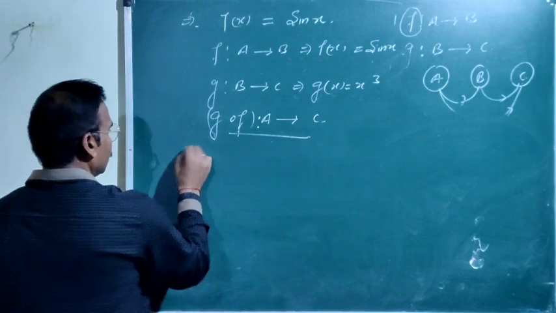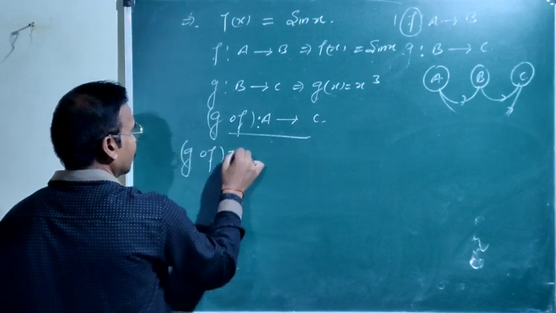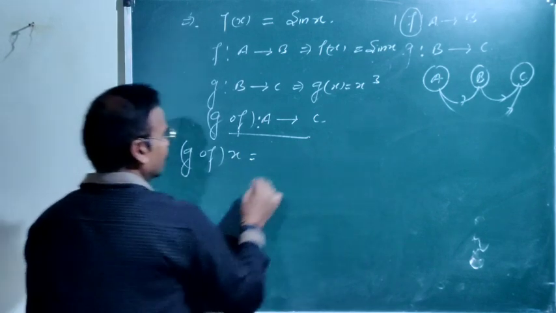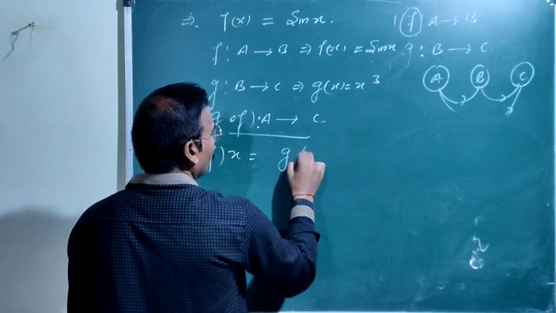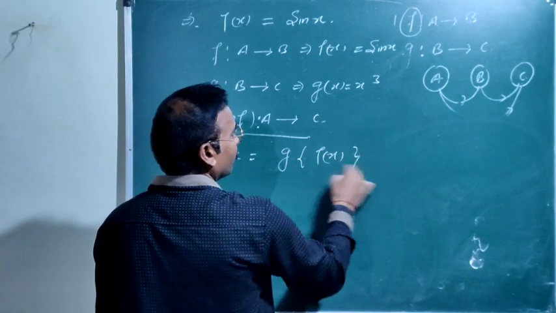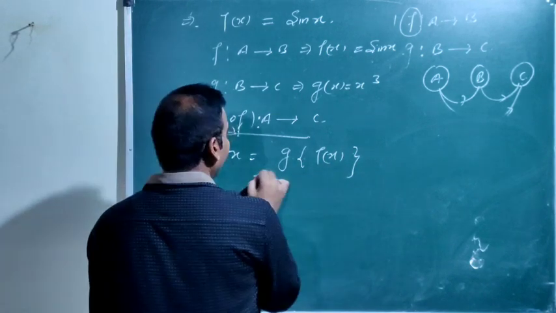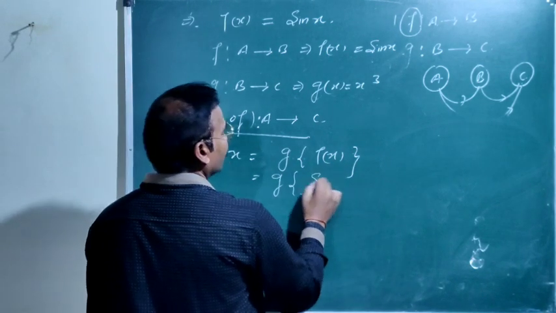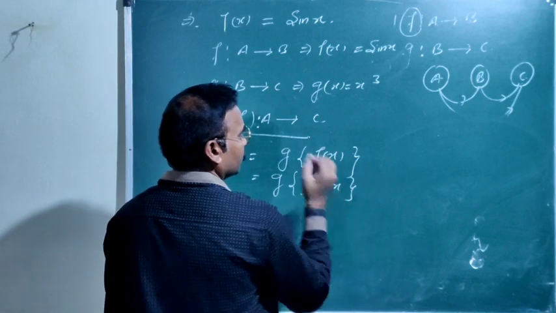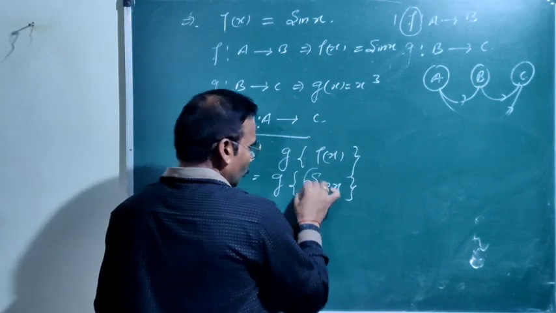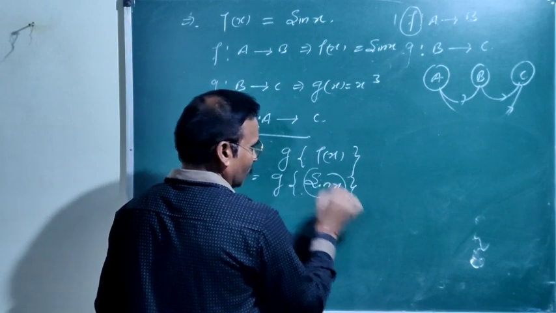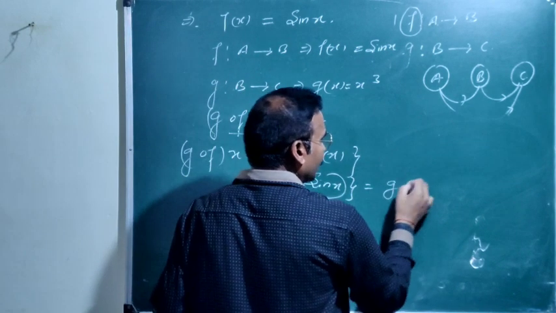Now gof of x, we can write as g of f(x). So what is f(x)? f(x) is given as sin x. We assume this sin x as z. Okay, so this will be g(z).